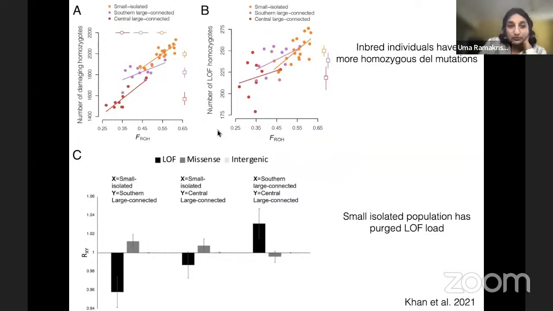So let me just walk you through this. We have a tiger assembly. We have RNA-seq data so that we can identify genes. And once we know the genes, we can use something called the Variant Effect Predictor to make a prediction if there is a SNP or a mutation in a specific gene, might that lead to a loss of function or potentially a missense mutation?